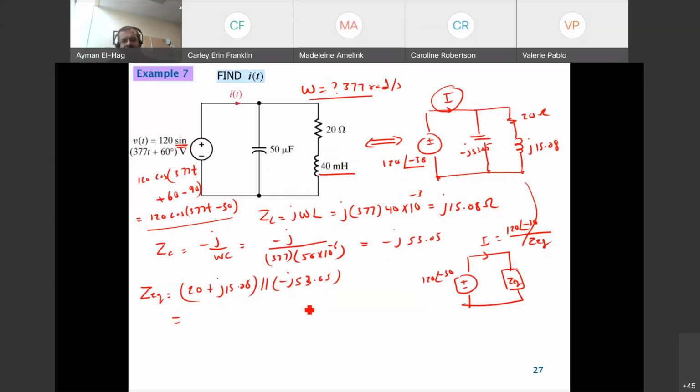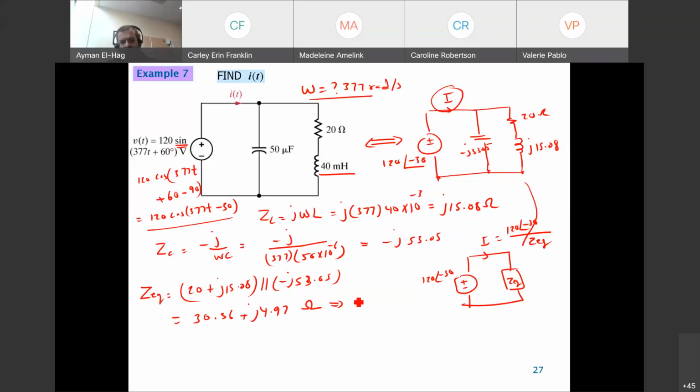When you do the calculations, I don't need to go through this. You add this, multiply it by this, divide by this summation, and you have all the interesting stuff with the math. So please do this. If I do this, this will be equal to 30.56 plus j4.97 ohm.